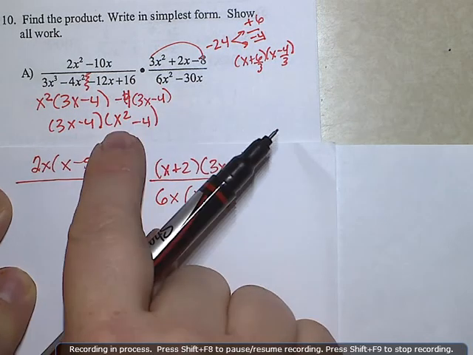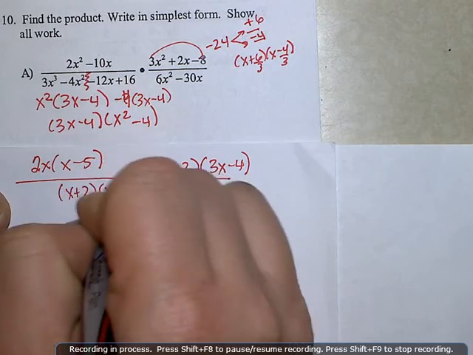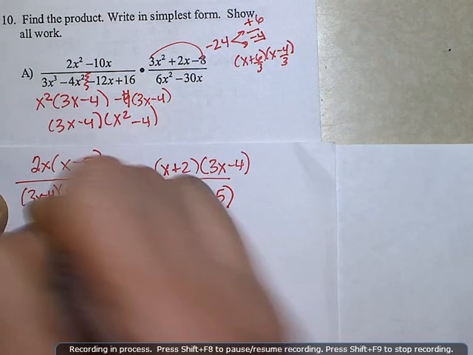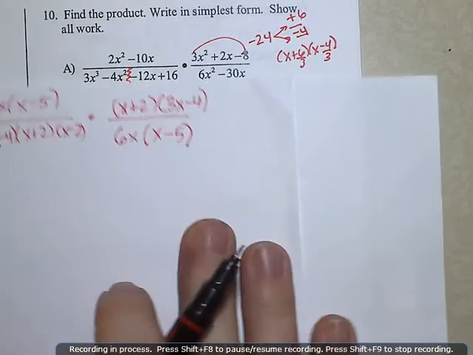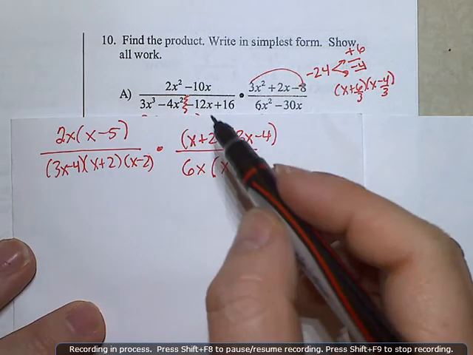Remember, x squared minus 4 factors into x plus 2 and x minus 2. Alright, now I'm looking to reduce by canceling factors that are in common in the top and bottom.